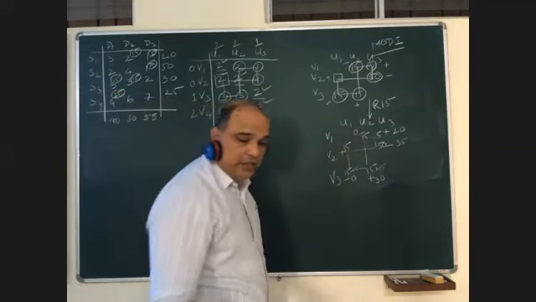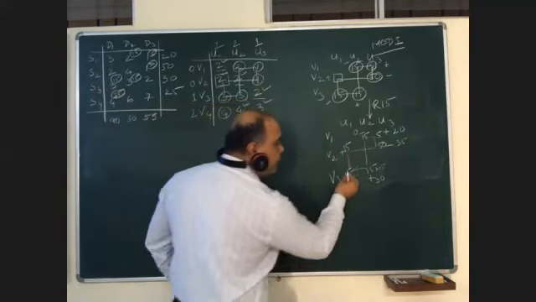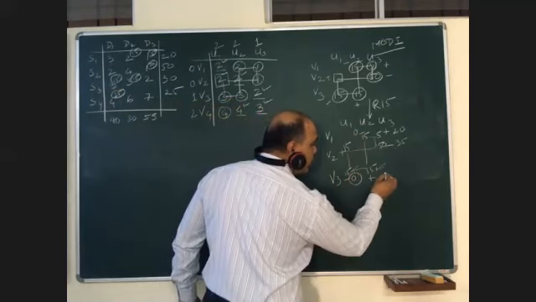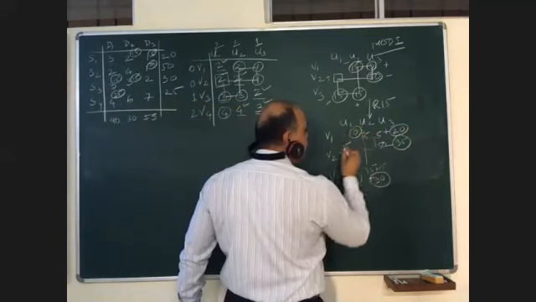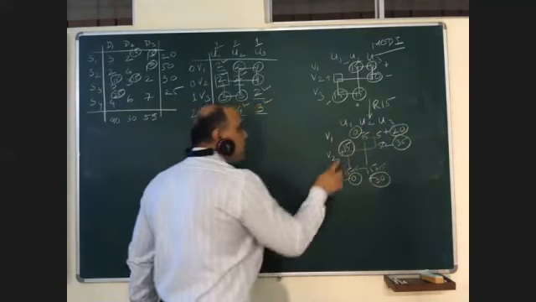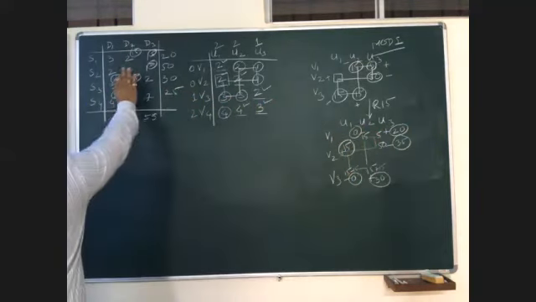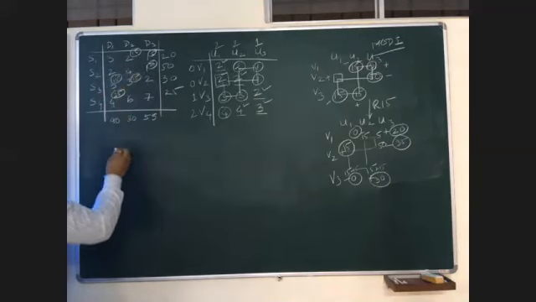Now what I will do is, whatever modified values I got, 0, 30, 35, 20, 0, I will add these values to the original matrix.